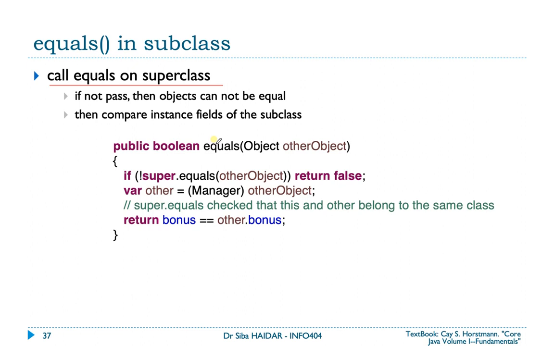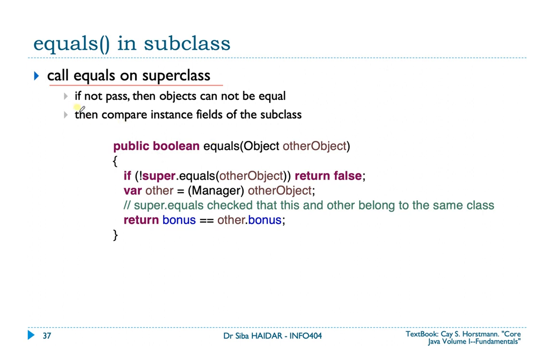A subclass is a subclass. It has a superclass. So the equals concept is not independent from its superclass. There is a relationship that obliges the equals implementation to be coherent. You cannot have equal managers while the equals of employees does not agree.